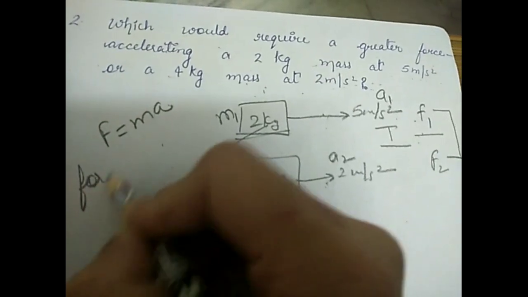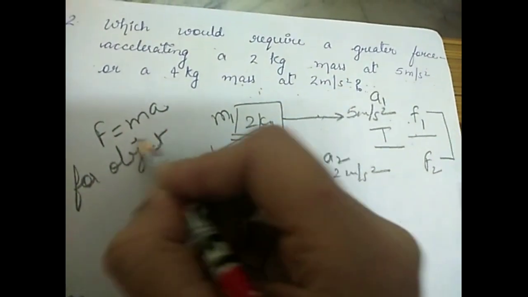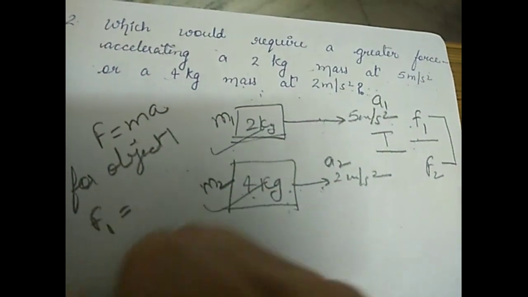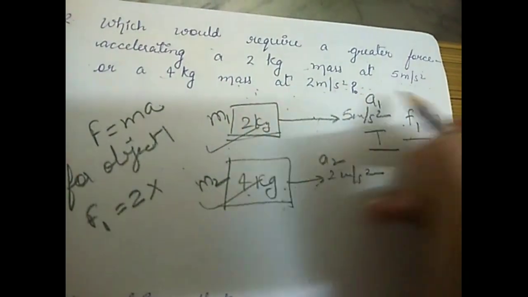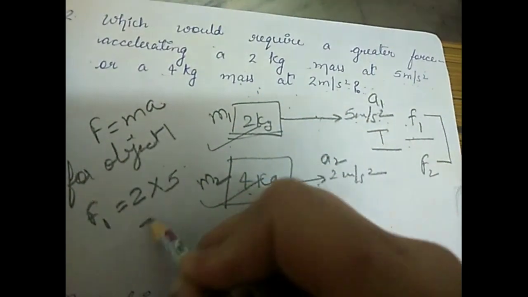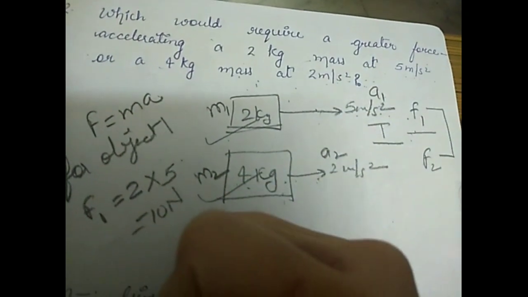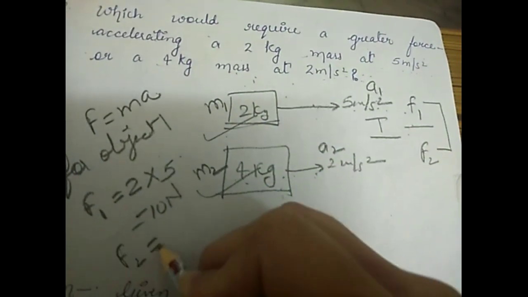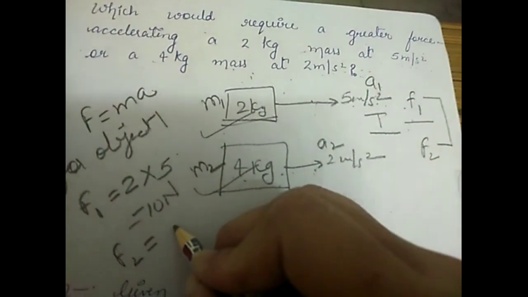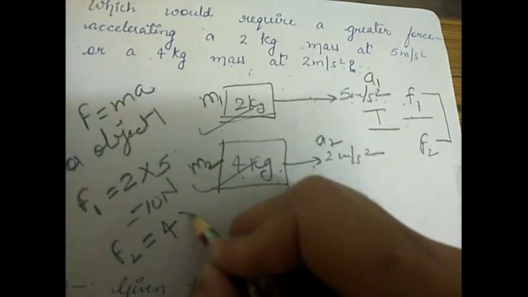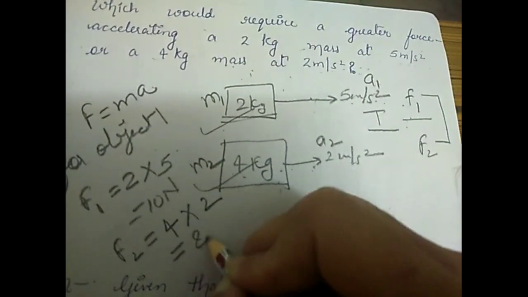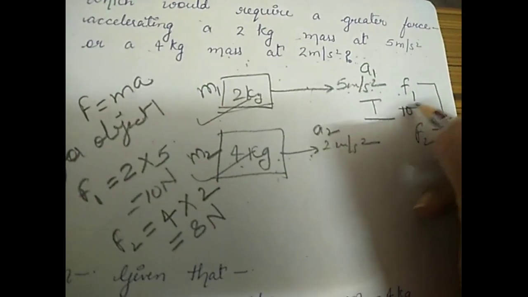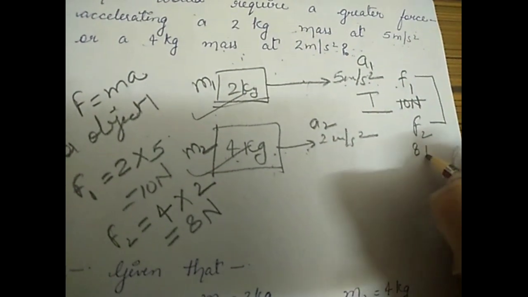For object 1, F1, M1 is 2, A1 is 5, 10 Newton. Now F2. F2 is M2 and A2. That means 8 Newton. Okay, so F1 is 10 Newton and F2 is 8 Newton.